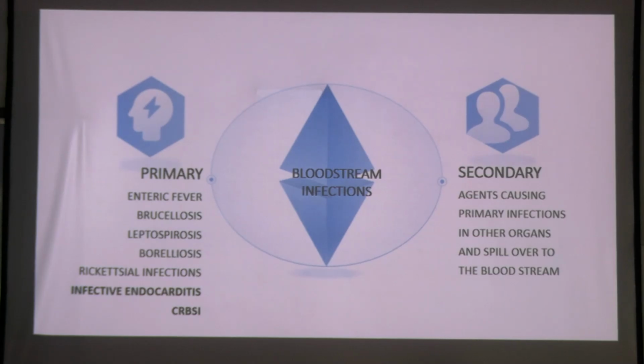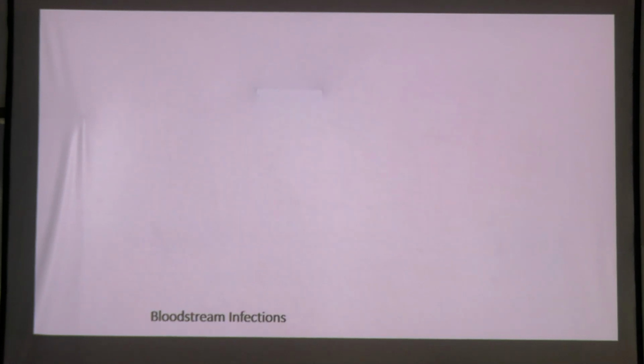First is enteric fever, brucellosis, leptospirosis, borreliosis, rickettsial infections. CRBSI means catheter-related bloodstream infections or device-related bloodstream infection, and endocarditis. That means during the pathogenesis, the organism must be present within the bloodstream itself. Rest all cases, we have secondary bacteremia, that is spillage.